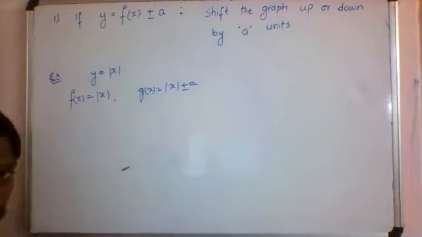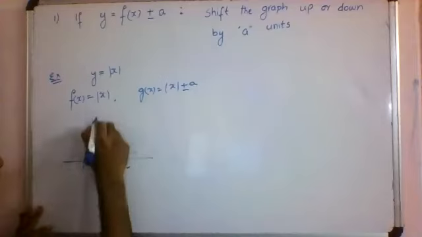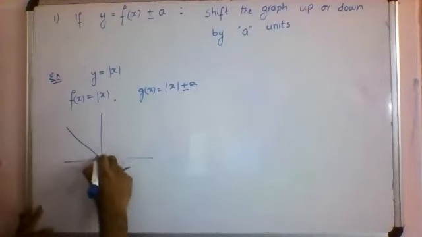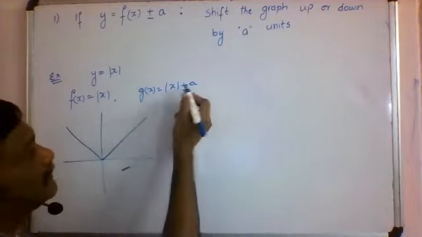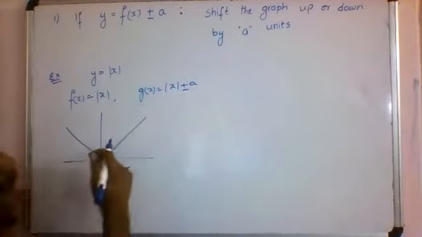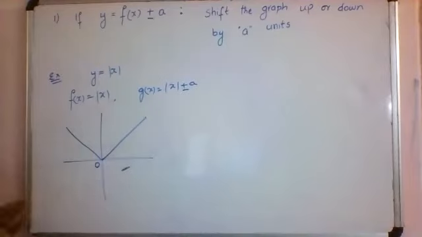Just now I have drawn basic graphs. You remembered, I think, how the f of x is equal to mod x graph will be. This is your f of x is equal to mod x graph. If I take mod x plus a, we have to shift the graph up.